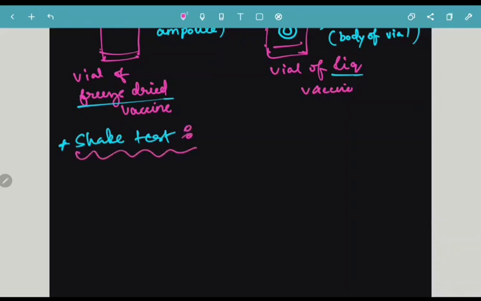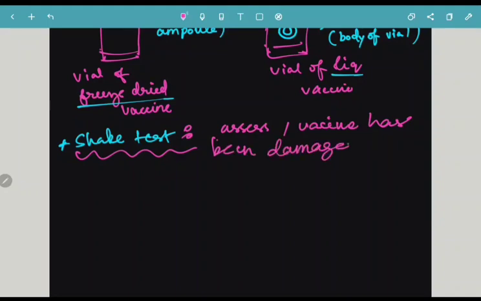This shake test is done to assess whether a vaccine has been damaged by cold or not. So if you want to assess whether the vaccine is damaged by heat or not, you need to check it with a vaccine vial monitor.